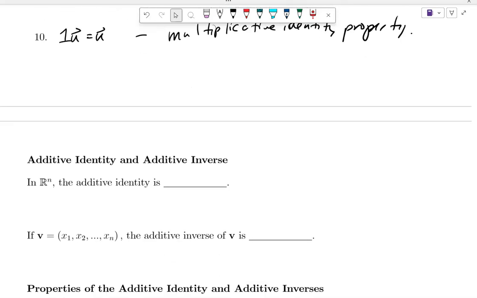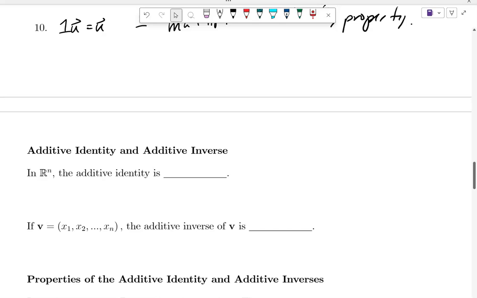All right. You've already mentioned this before, but let's go ahead and write it down. In Rn, what do we use for the additive identity? What vector do we use? Yeah, all zeros, right? So we would use the vector that just has a whole bunch of zeros in it. That's the 0 vector. If I have the vector v that's made up of x1, x2 out to xn, you just told me a minute ago what we use for the additive inverse.